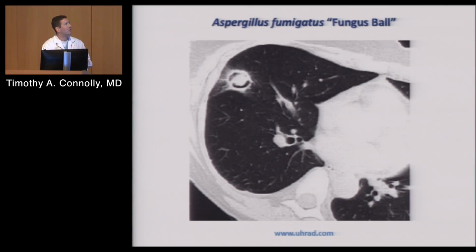If you gave an antifungal drug, there's no blood supply to get it there. It's just sitting in a hole by itself. It's completely protected. So you need to cut that out generally, because most of the time that fungus ball bangs into the wall and causes bleeding. And so that's what they'll come in complaining of. So don't try to put them on anything medication-wise.